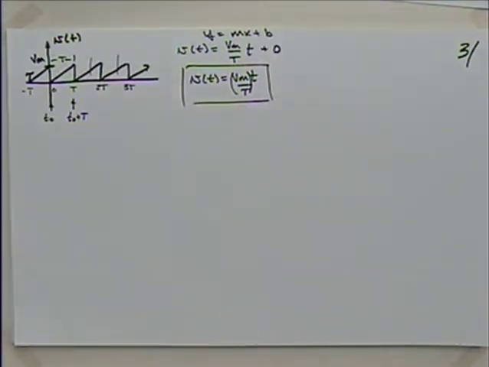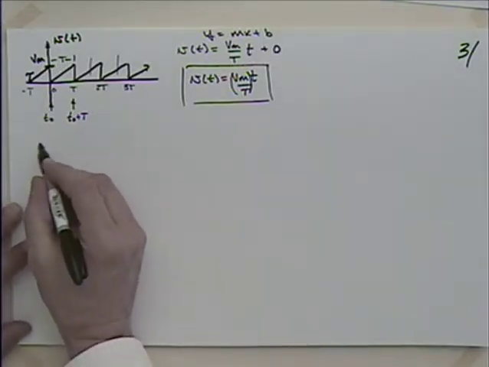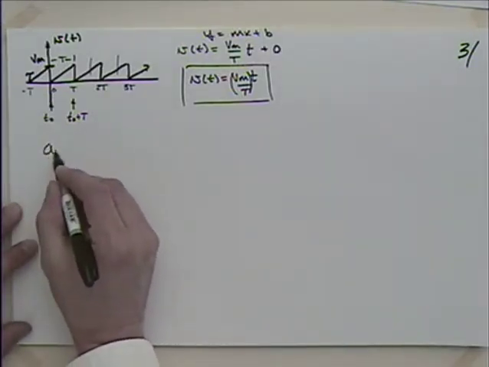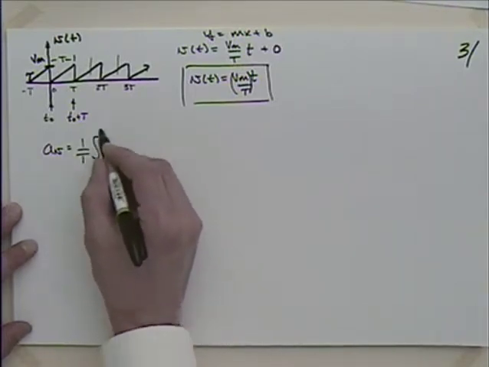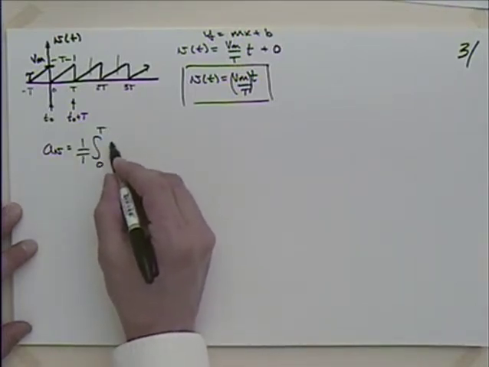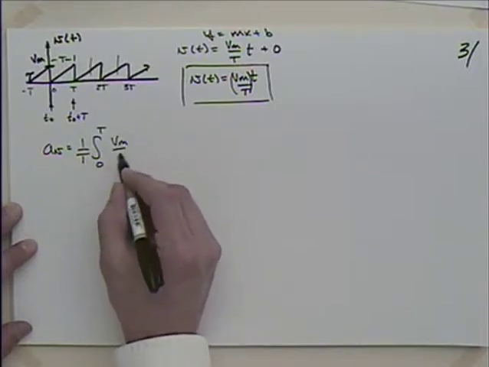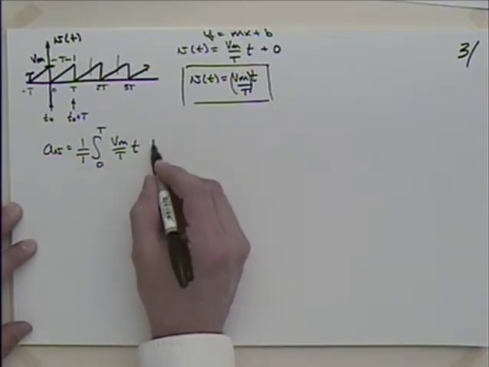I guess I could do the average value. The average value is 1 over the period T times the integral from 0 to T of the function, so Vm divided by the period times t, and then a dt.